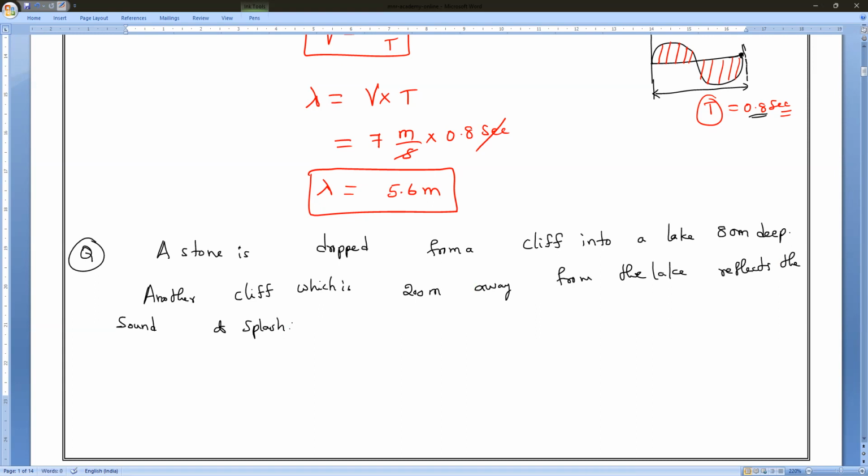A stone is dropped from a cliff into a lake 80 meters deep. Another cliff which is 200 meters away from the lake reflects the sound of the splash. Understanding the question is very, very important.